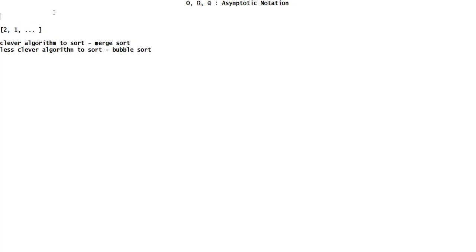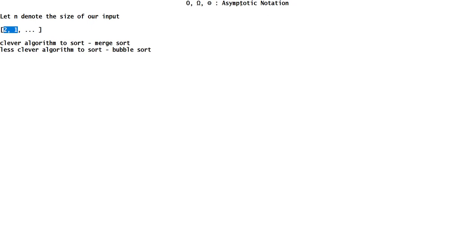So from now on, let's just let n denote the size of our input. As n gets larger, or in other words, as the size of our input gets larger, merge sort performs much better than bubble sort, it turns out. But we would have never known that with just 2 elements.